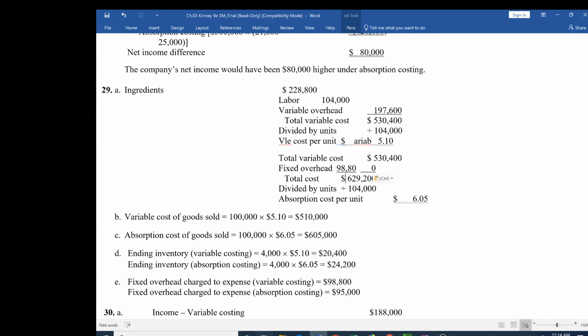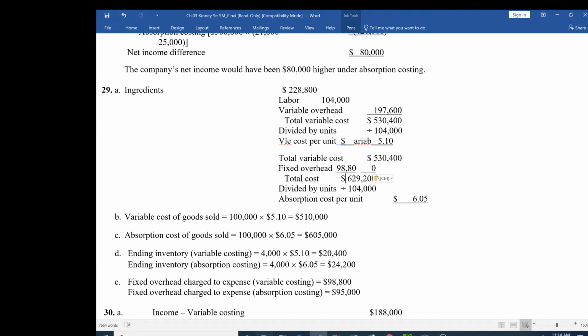All right, fixed overhead charged to expense under variable costing, 98,000. Fixed overhead charged to expense under absorption would be 95,000. 98, 95. Now, where did 98 come from? That's the fixed overhead, right here, 98.8.